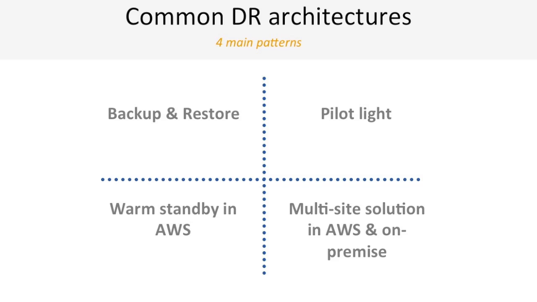Then we have warm standby, where we keep a bare minimum of applications running, maybe with a bit of latency in terms of data synchronization behind the scenes. And then you have advanced multi-site solutions where you have AWS and on-premise working in hot modes. The complexity increases from backup and restore through Pilot Light, through warm standby, to these hot multi-site solutions.